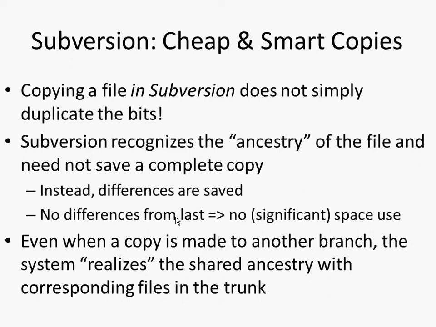We're not just creating a copy of the file of equal size, in a different name, or put it in a different place. Instead, what we're doing is we're actually telling it, hey, I'm going to create a new sort of version of this file, which is going to have a different name or be located in a different place. But it started with this file it's coming from. So it needs to recognize, okay, the ancestry of the file that we're creating.